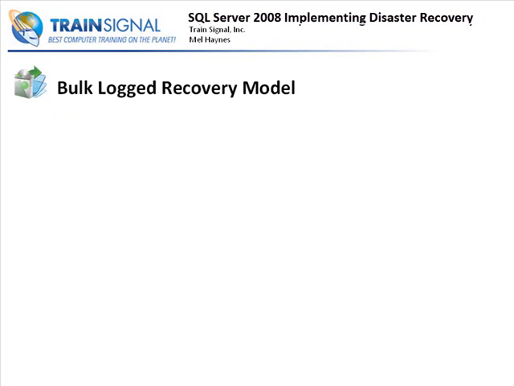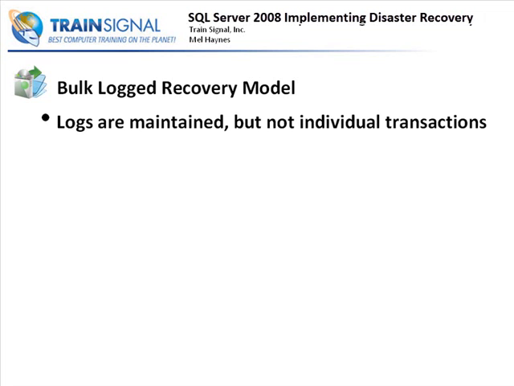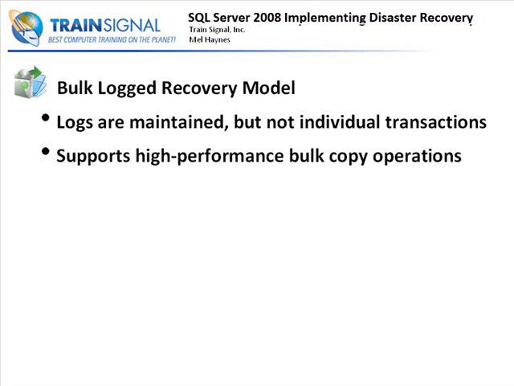Let's talk about the bulk logged recovery model a little bit. Bulk logged recovery is an adjunct, to use a Microsoft term actually, to the full recovery model. Logs are still maintained, but you just don't get every transaction. So there's some benefits and downsides to that. One of the benefits is if you have high performance bulk copy operations, you're not recording every single transaction that's part of that bulk copy.